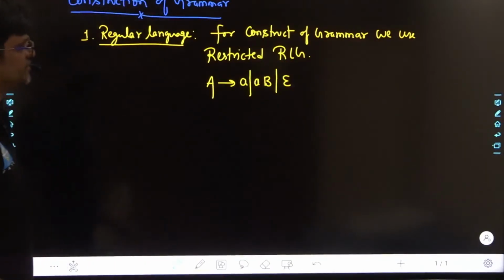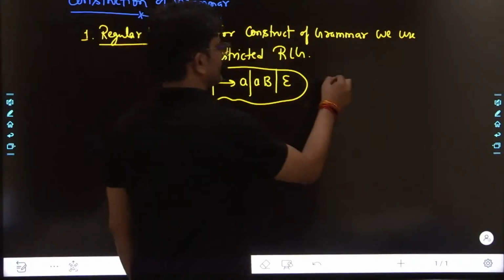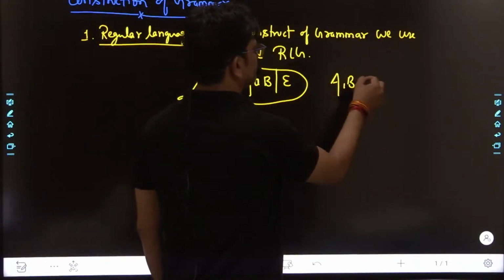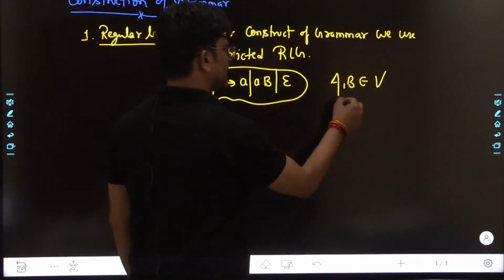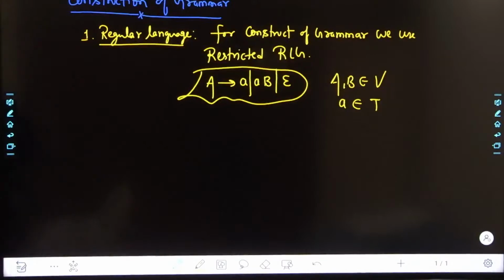This is the definition of restricted right linear grammar, where A, B belong to variables and a belongs to exactly one terminal. Clear, my dear friends?